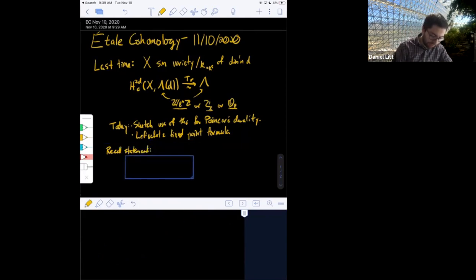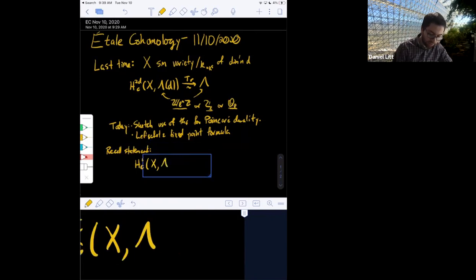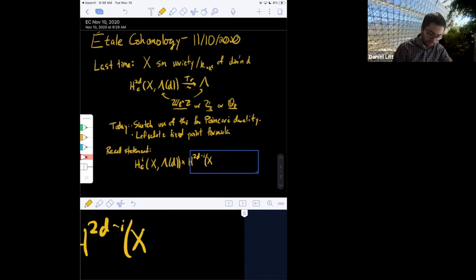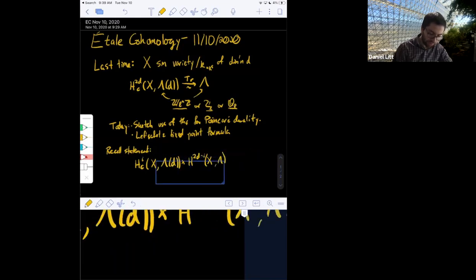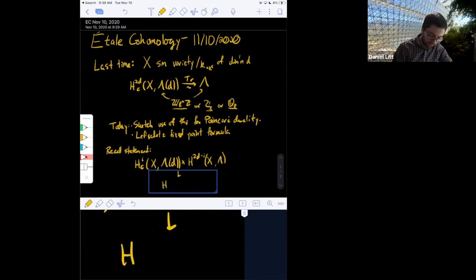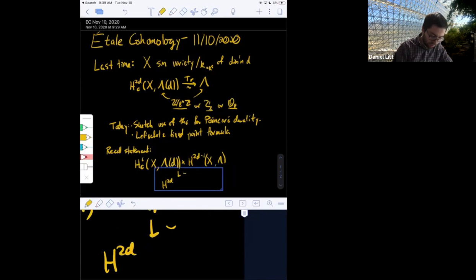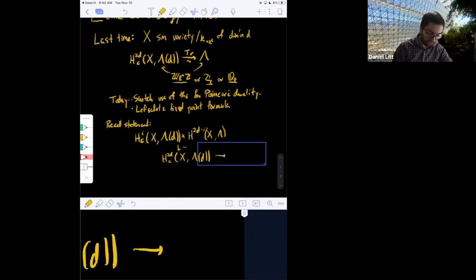At least the simplest statement was that there was a cup product map from H^I with compact support of X with coefficients in Λ(D), times H^{2D-I} of X without compact support with coefficients in Λ, to H^{2D} with compact support of X with coefficients in Λ(D). This is a cup product map. And we just said that this is canonically isomorphic via this trace map to Λ.